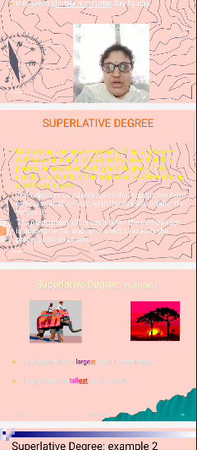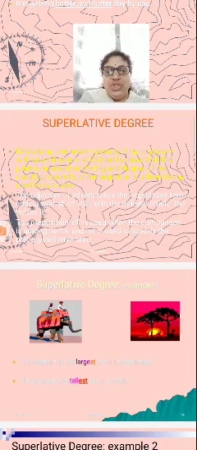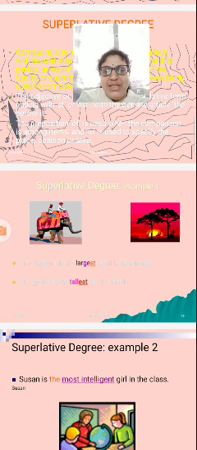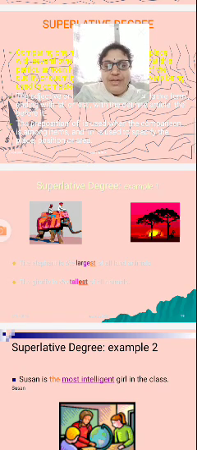It is used when the comparison is among several items. Example: the elephant is the largest of all land animals and the giraffe is the tallest of all animals.